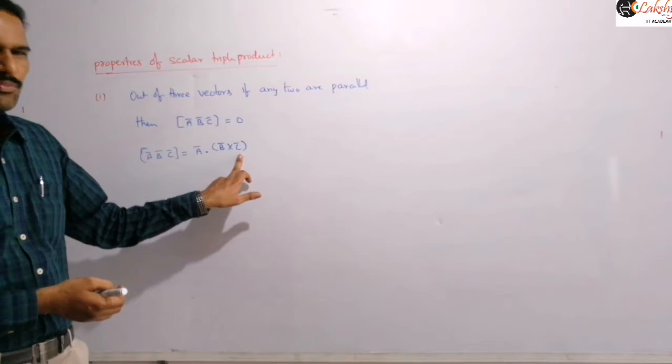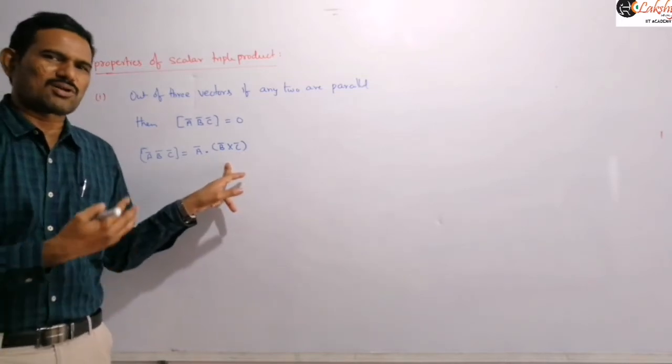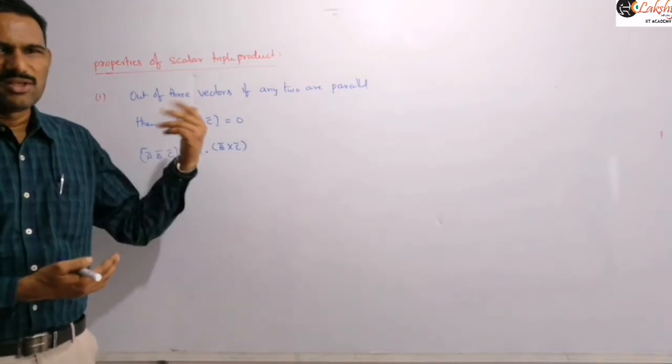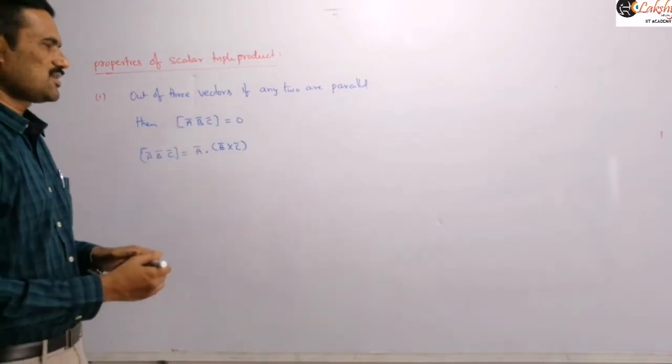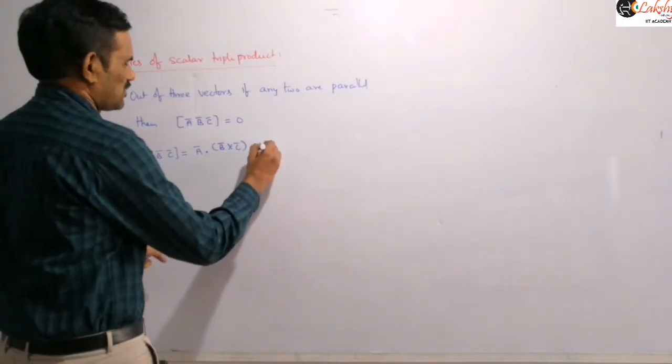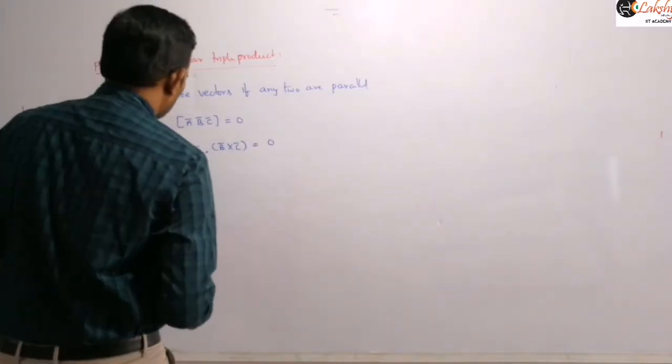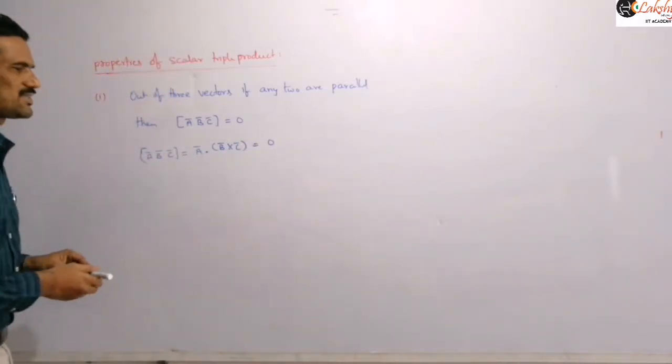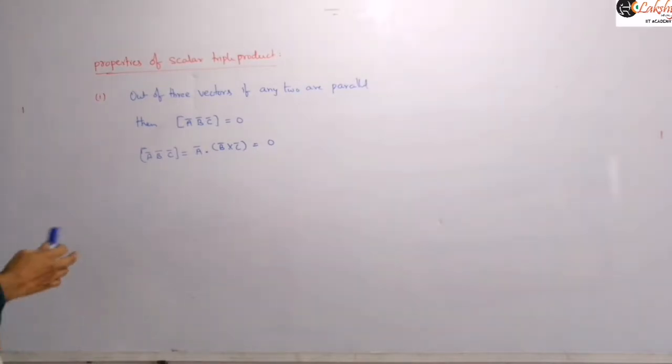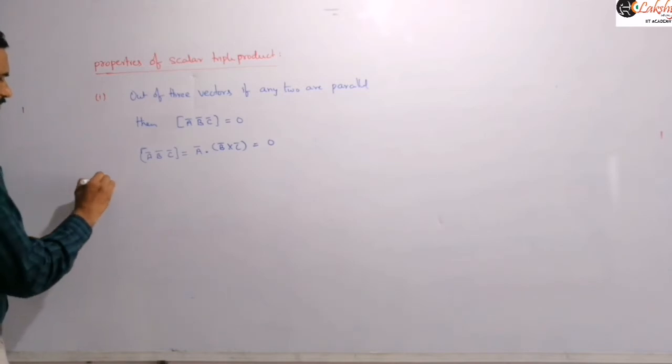Similarly, if A bar and C bar are parallel, you can express this as A bar cross C bar dot B bar. A bar cross C bar is 0, so that term will also be 0. So any two vectors you may consider as parallel vectors, right?